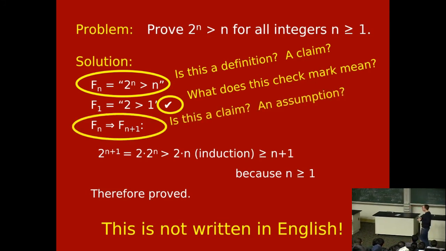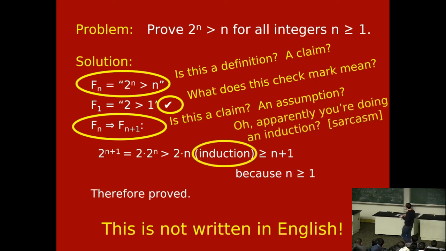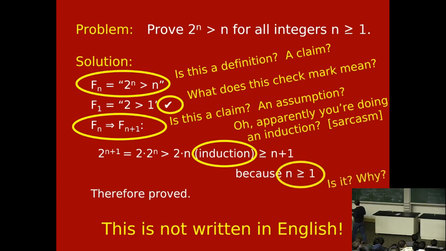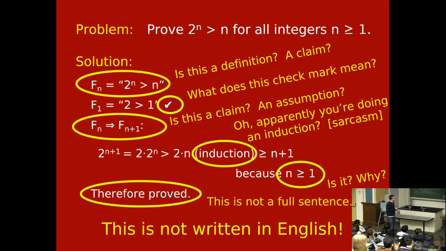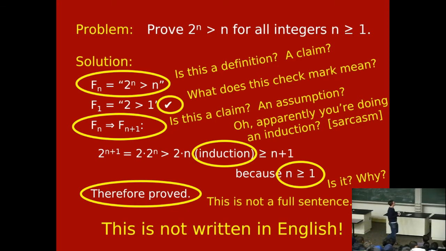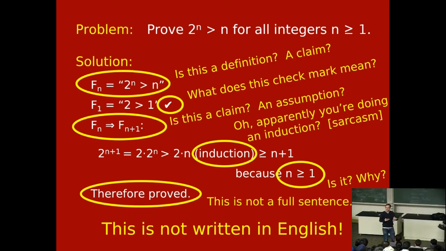Now I'd be upset and get sarcastic, like, oh, apparently you're doing an induction now. Okay, why? This is not a full sentence. Many points off. Your proofs have to be properly written in English with full sentences.